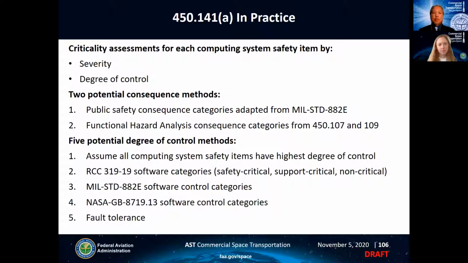We lay out 5 different methods for assessing degree of control. 1, the conservative assumption: assume all computing system safety items have the highest degree of control. 2, use the software categories from RCC 319-19. This would be for those operations where a flight safety system contains all of the computing system safety items, but is not tailoring 319 otherwise.